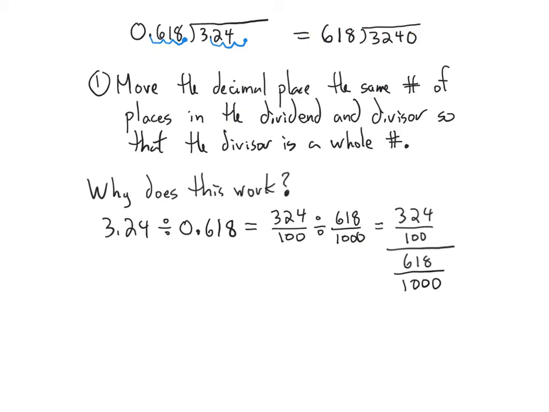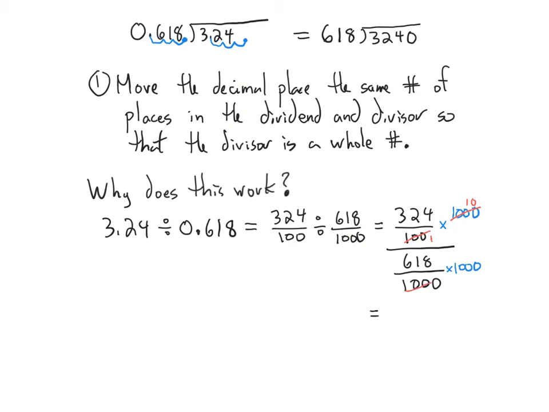So let's go ahead. What I can do is I can say, well, I know the idea of equivalent fractions. So I'm going to multiply top and bottom of my fraction by 1,000. And that'll get rid of that denominator. So this becomes, well, let's actually do some cancellation. 1,000 divided by 100 is 10.